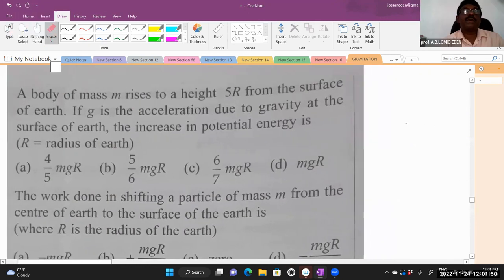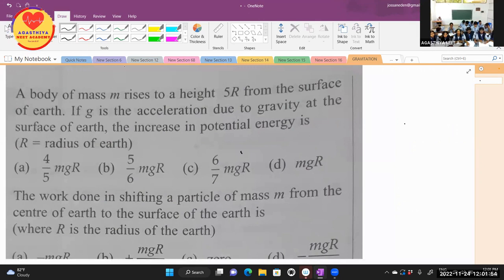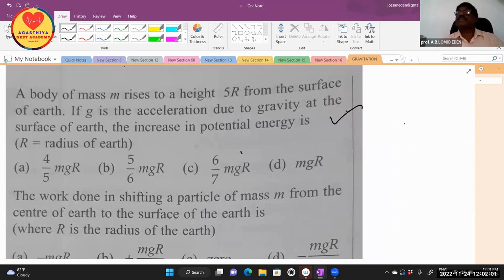See this next problem. A body of mass m rises to the height 5R from the surface of the earth. If g is the acceleration due to gravity at the surface of the earth, what is the increase in potential energy?